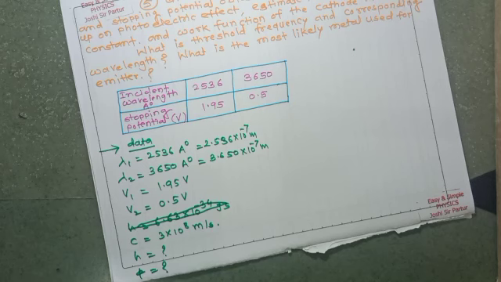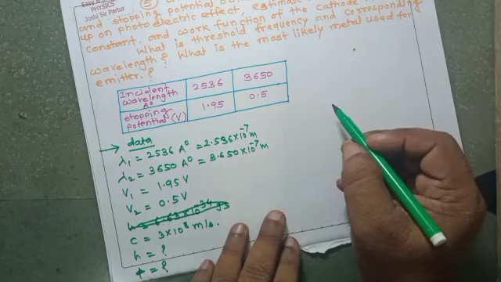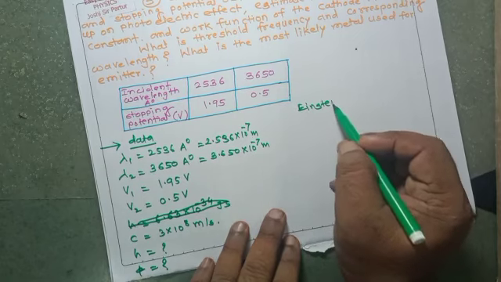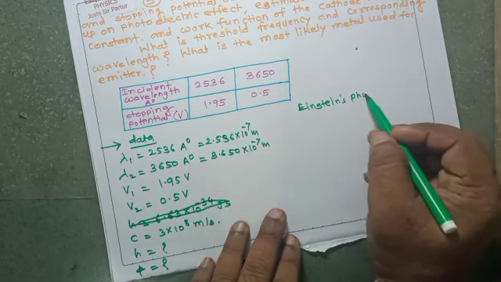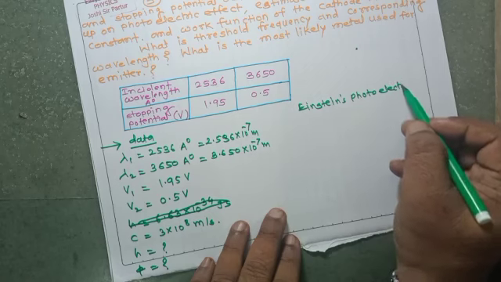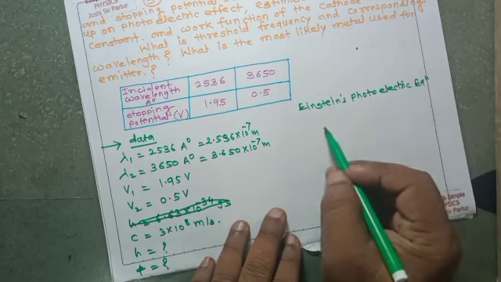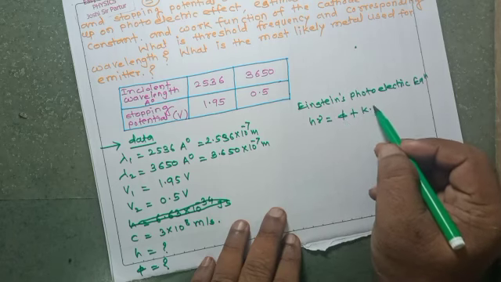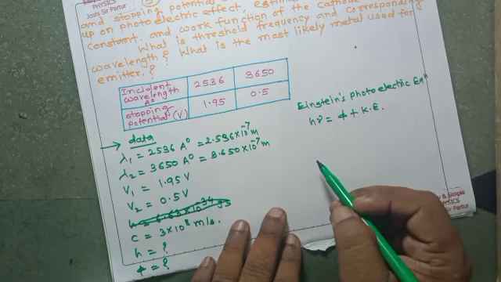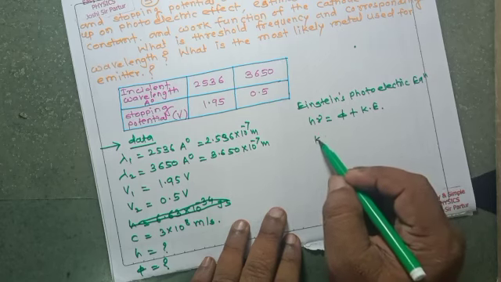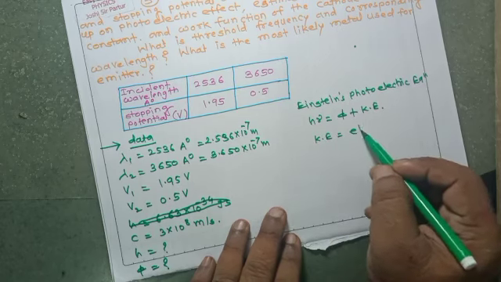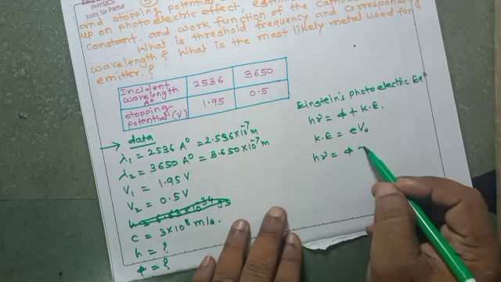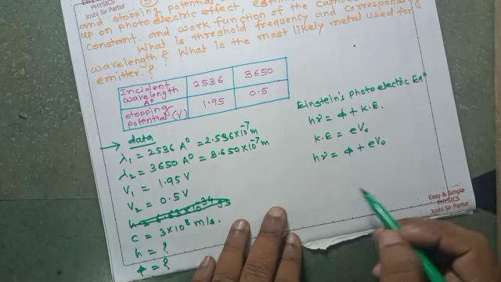So using Einstein's photoelectric equation, h nu is equal to phi plus kinetic energy. We know that kinetic energy is equal to eV0. So h nu is equal to phi plus eV0.